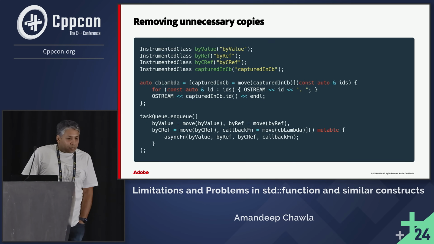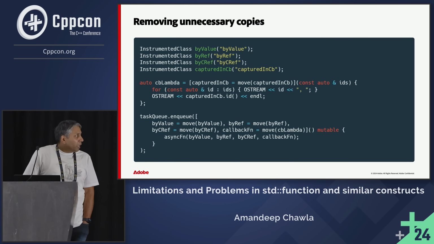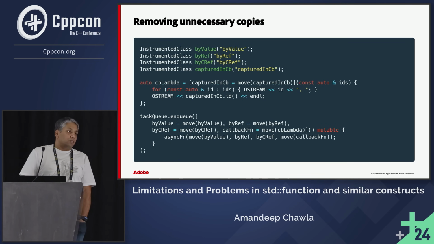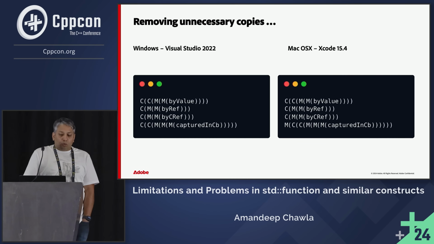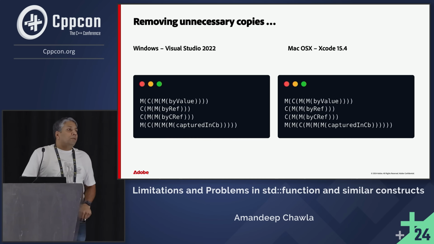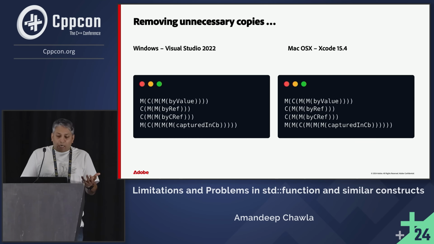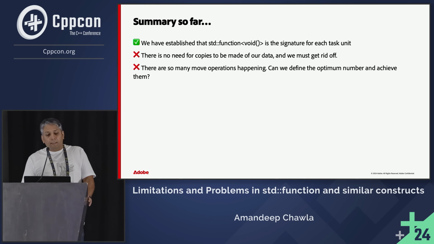If you see the last line where I'm calling the async function, rather than saying move, so this was the cause of the second copy happening. So rather than this, I can just say move these things. And then the output, which was copy, changes to move. So at least we prevented one of the unnecessary copies, and that was in our hand. So that was easily possible.